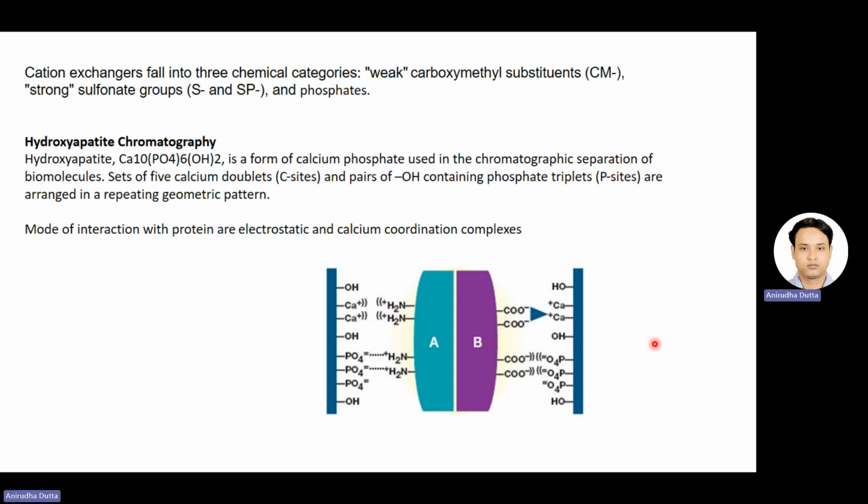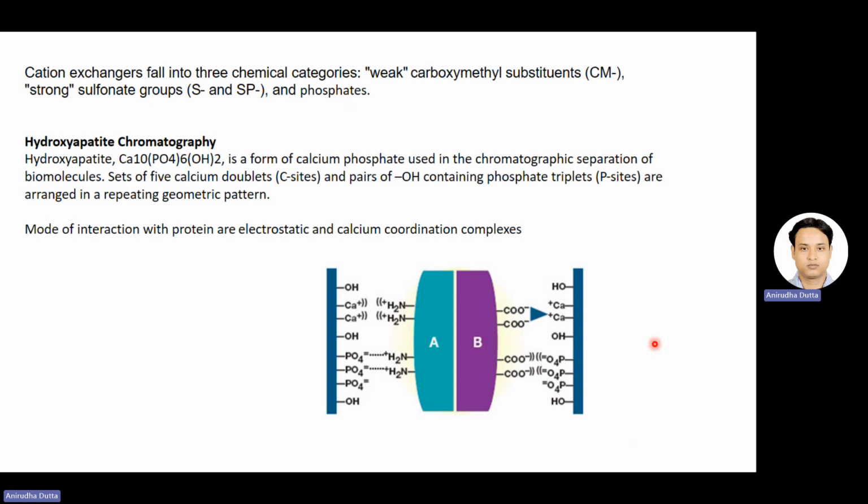Sometimes we also call it multimode interaction chromatography, because in this matrix protein can interact in two different modes. First, by electrostatic interaction with the charged surface of the matrix, like positively charged calcium or negatively charged phosphate, as well as it can form a coordinate covalent bond, or coordinate complex, with calcium.